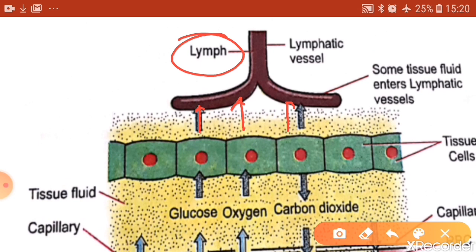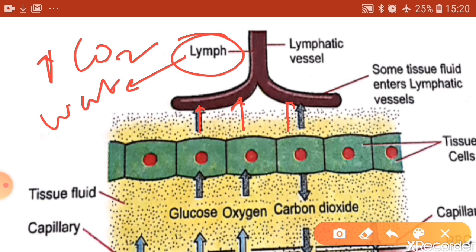So it's almost the same composition. It's straw yellow colored, but it lacks certain plasma proteins, and it is rich in carbon dioxide and the other waste material. So it has a higher content of these things.